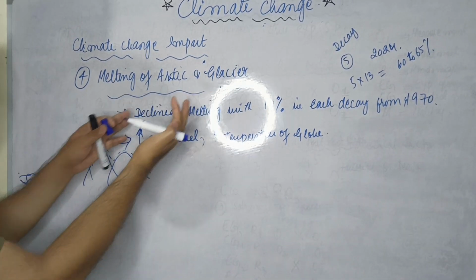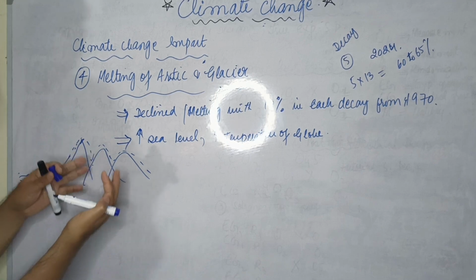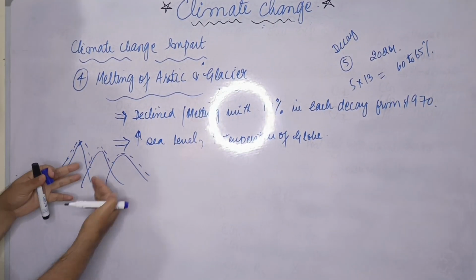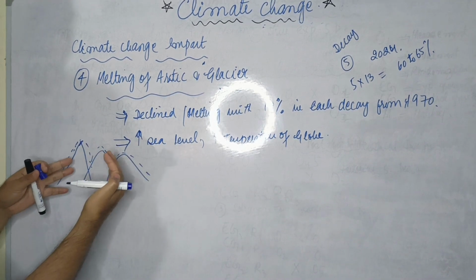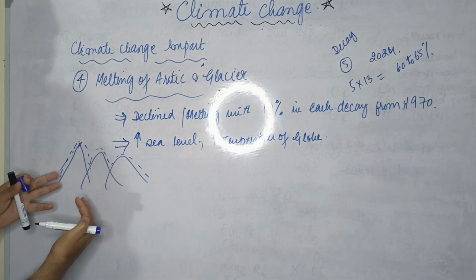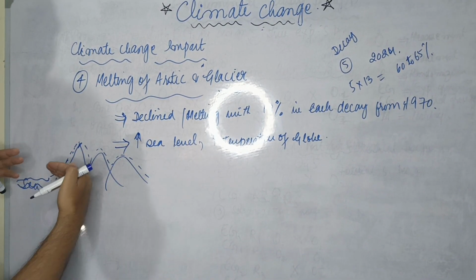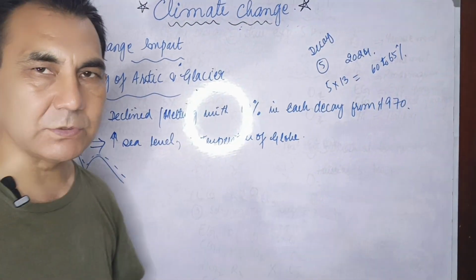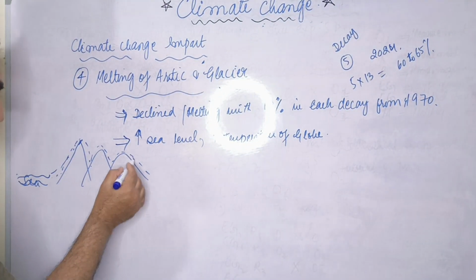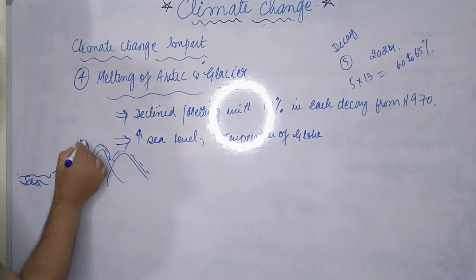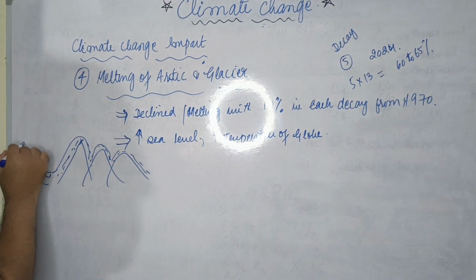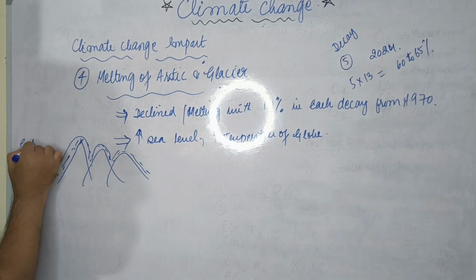The sunlight comes and the glacier works like a mirror. It reflects the sunlight coming from the sky back towards the atmosphere. By this way the earth will remain cooler.